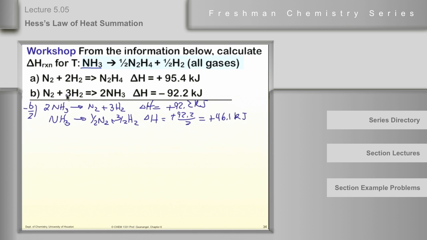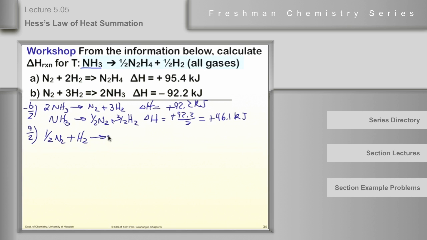Now when you look at A, it has N2H4 as a product, which is a good thing. But it has a full one, and we need a half. So what I would suggest is we take A over 2. A over 2 over here. And so this would be 1/2 N2 plus 2H2 over 2 would be H2.